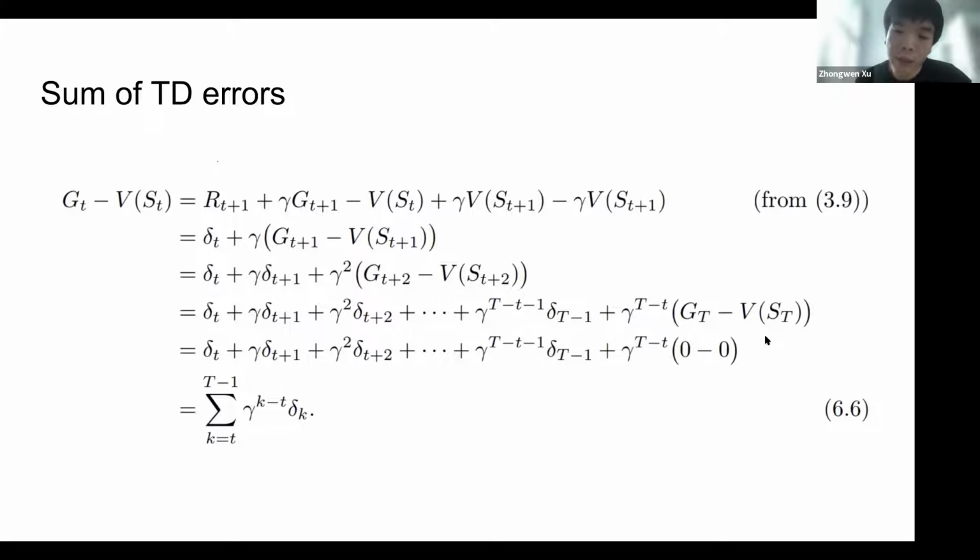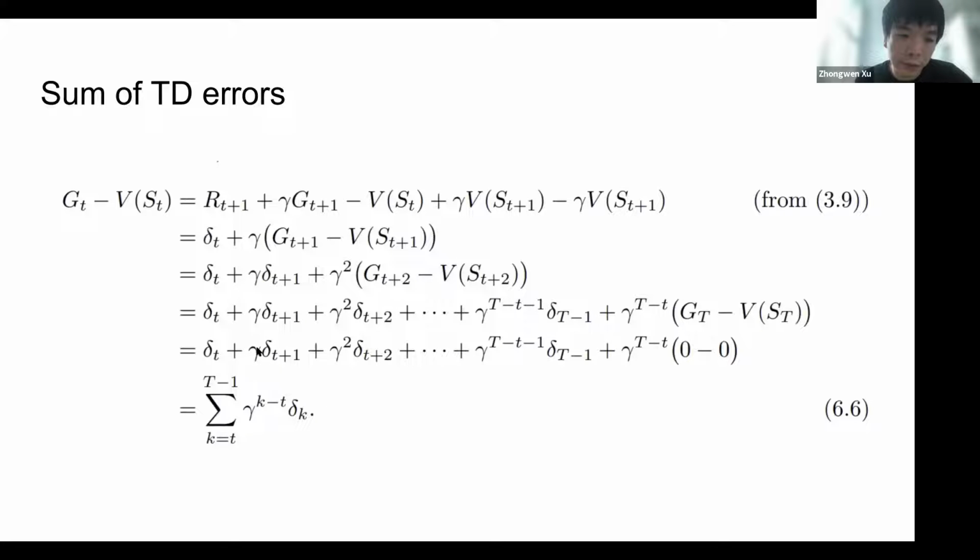The end is the end of the episode, where the future return and the value are all zero. So all of these equations consist of only two things. One is the TD error, delta_t, where the time index keeps increasing from t until the end of the episode.